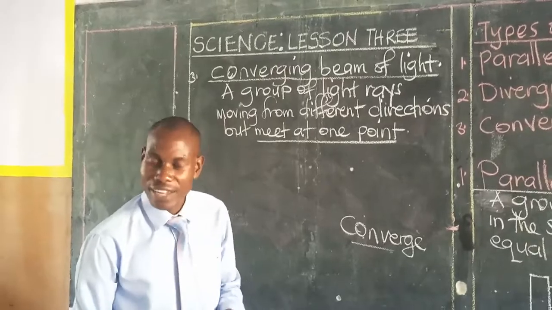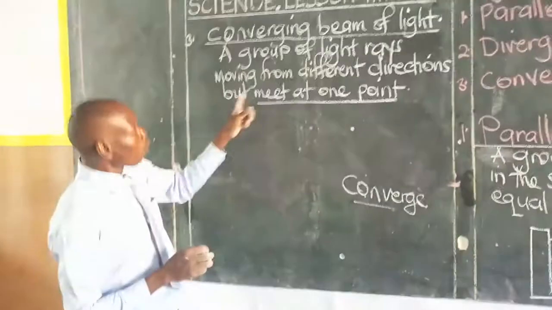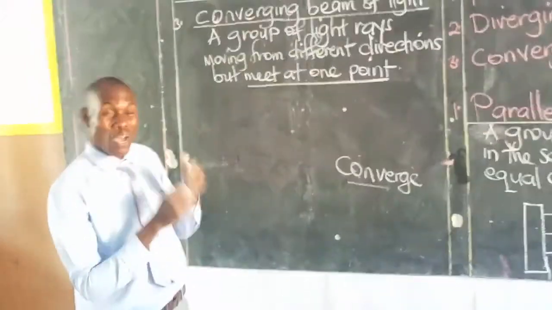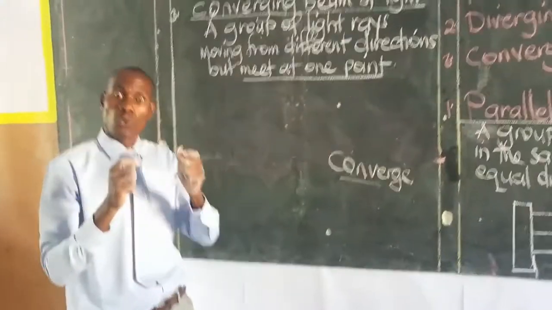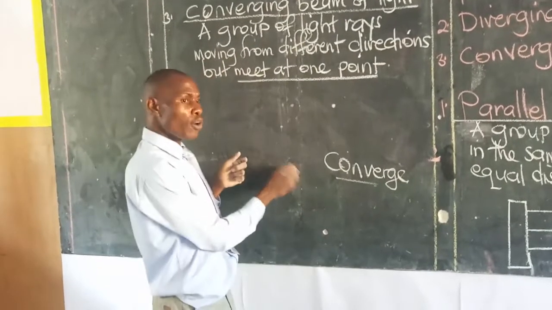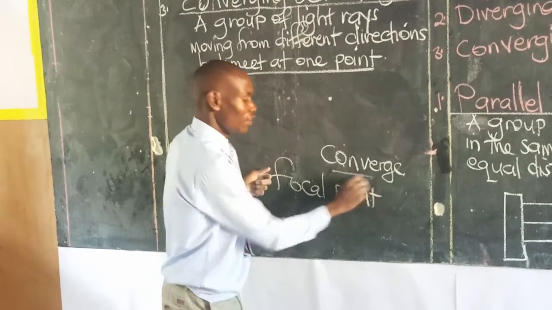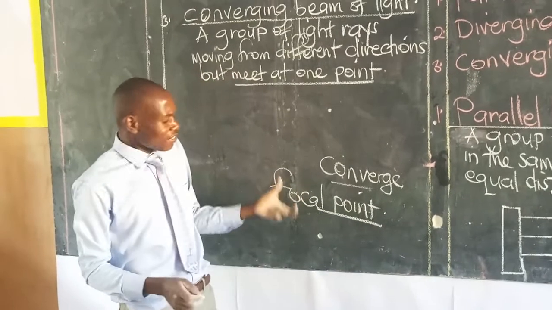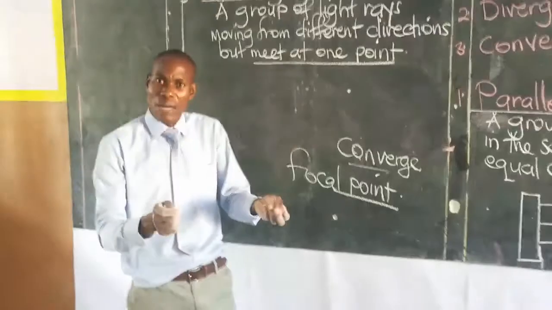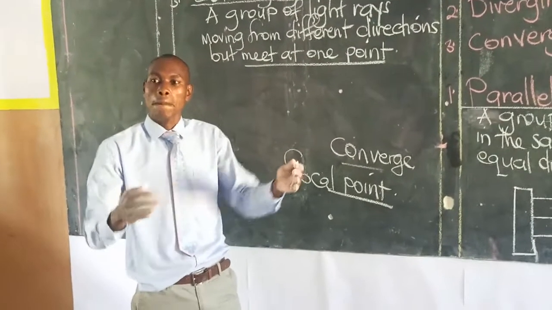Are we together, boys and girls? Yes. Now, when these light rays meet at one point, that point where light rays meet is called the focal point. That is the point where all the light rays coming from different directions meet.